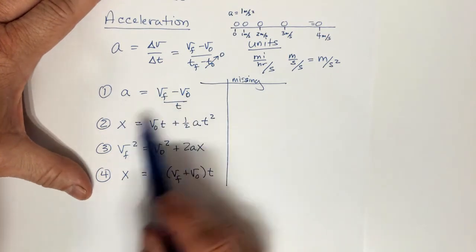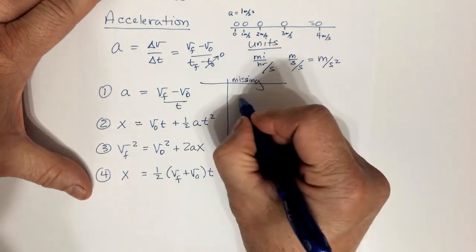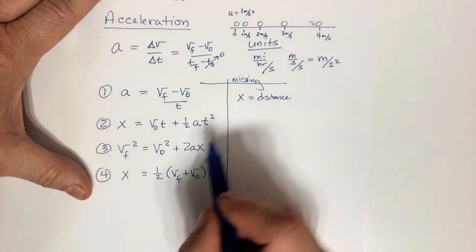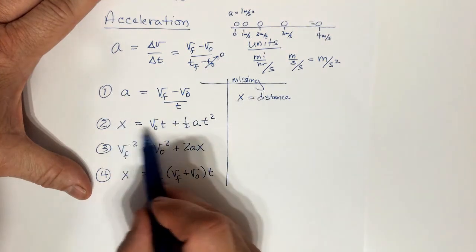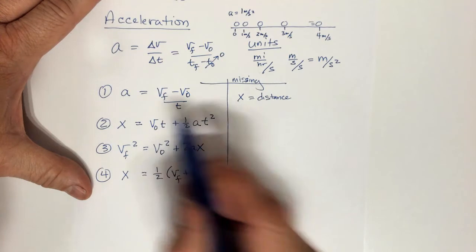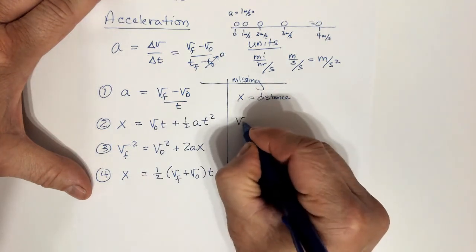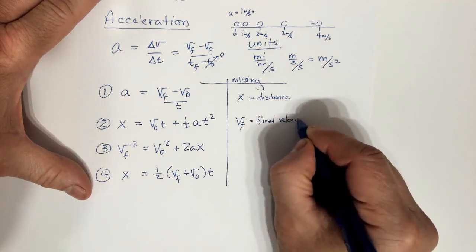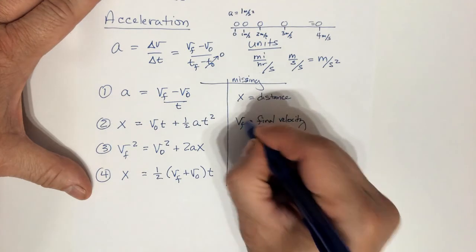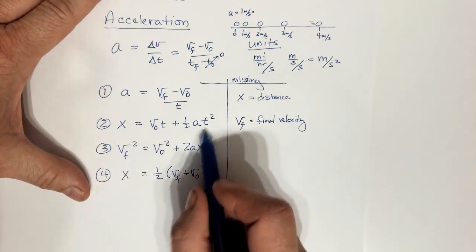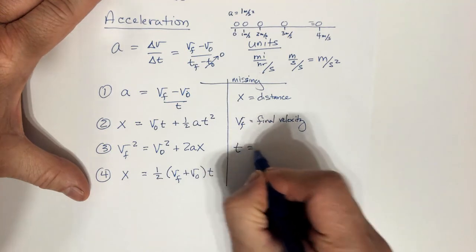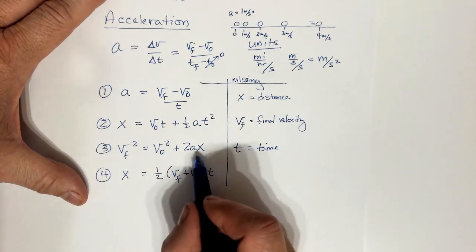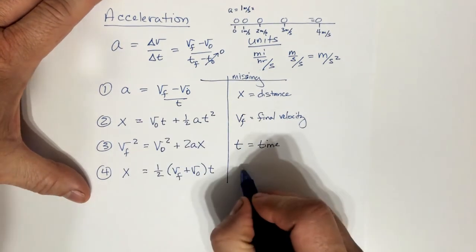If you look in this equation, there is no x. So distance is missing. Okay? And here we have distance, we have initial speed, we have acceleration, time, we have no final speed, or velocity, VF. And in this one, you look here, we see there's no time units. So time is missing. And then in this one, we see that there is no letter A, like in all the rest.